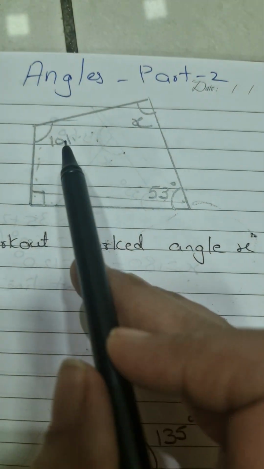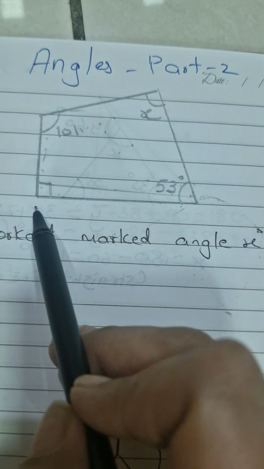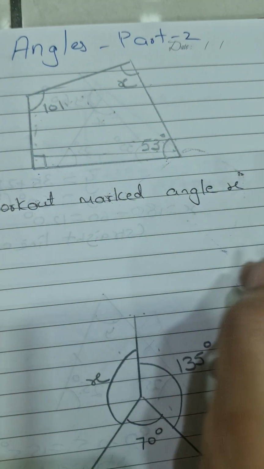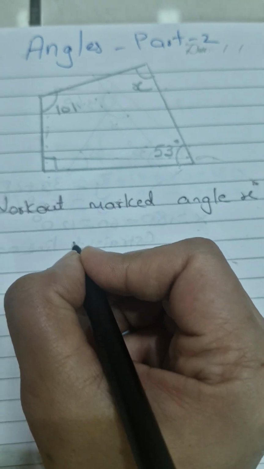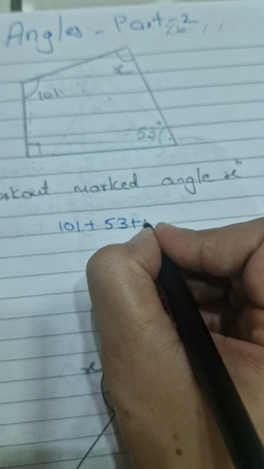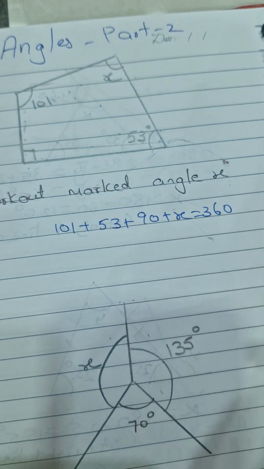Okay, so you can see here one angle is 101, another is 53 and the third one is 90 degrees. To find the fourth angle you will write a full statement, or we can say equation: 101 plus 53 plus 90 plus x gives you 360.